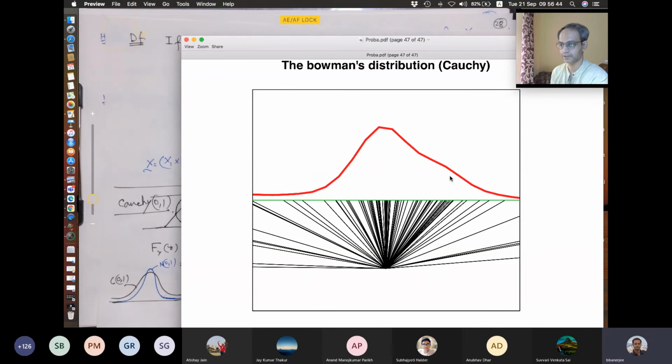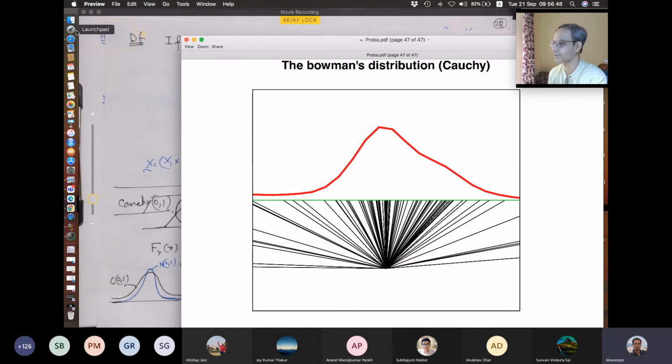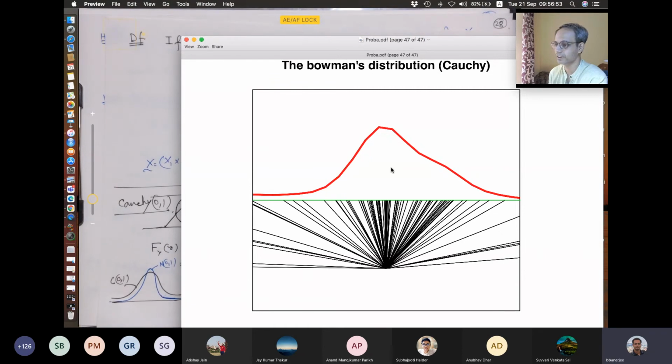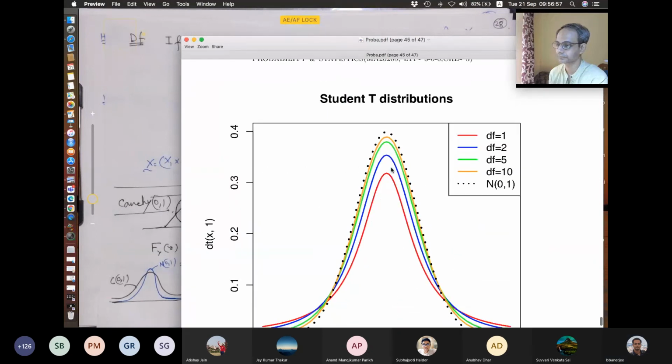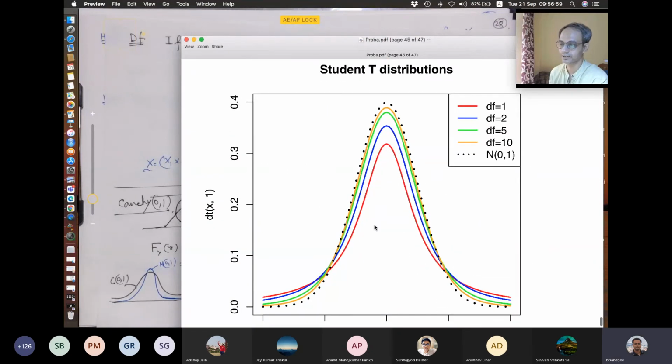Because of the samples drawn, you are getting this asymmetry. Otherwise, if you just see the density, this red one is a symmetric distribution. Cauchy 0,1 is a symmetric distribution. If you plot the theoretical PDF, it is symmetric. You are right.